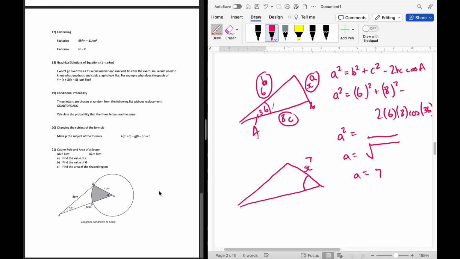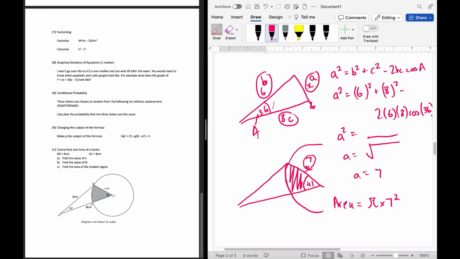I'm also going to pretend that theta here is actually given to you to make this a little bit easier, and say it's 41. What we've got, guys, is this is a sector of this circle, okay? So the area of the sector is equal to pi times the radius squared, and we've just worked out the radius is 7.